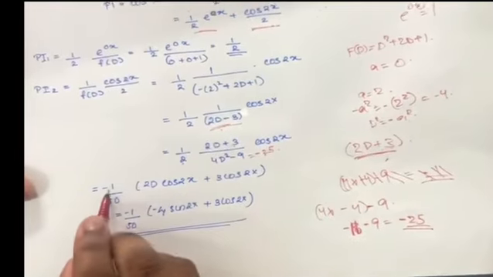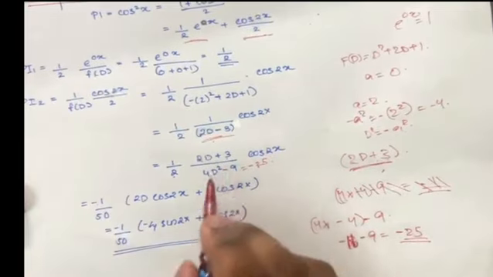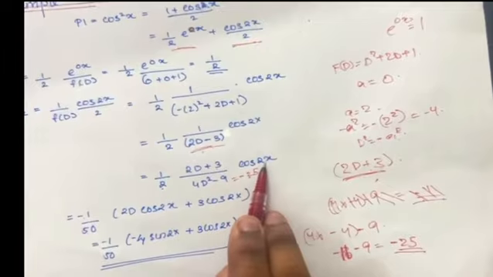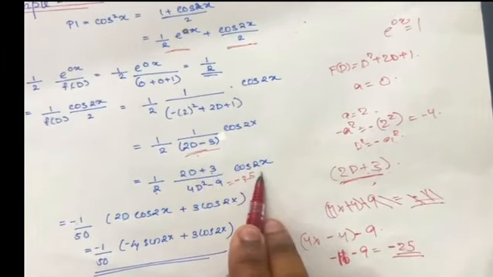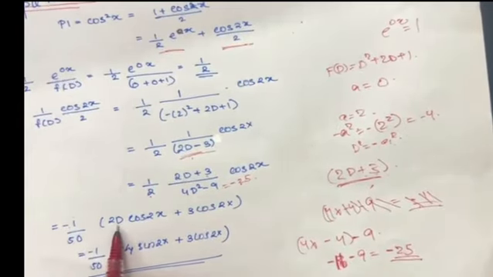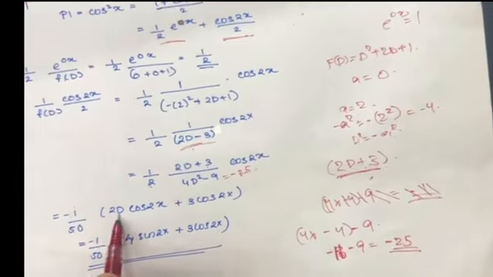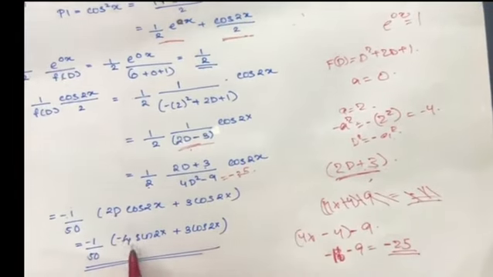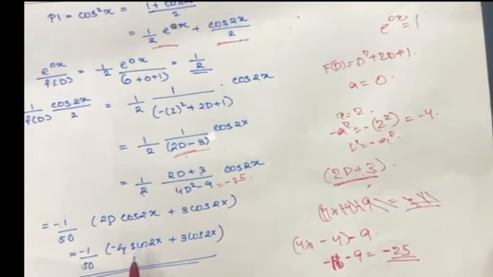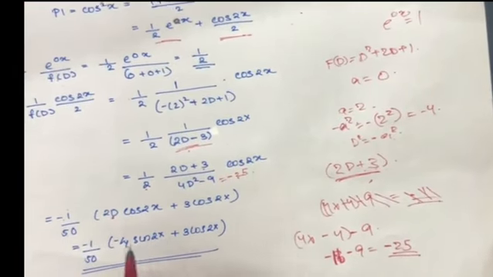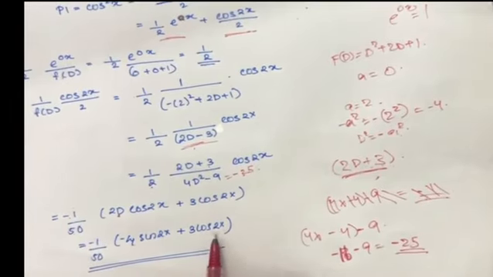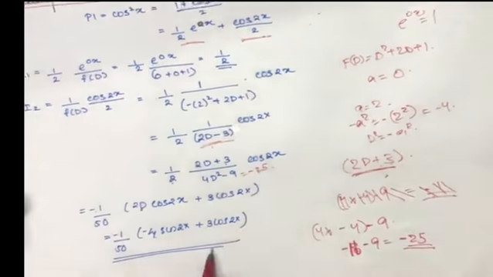Minus 25 into 2 is equal to minus 50, so we have minus 1 by 50, and our numerator is 2D plus 3 into cos 2x. Multiplying 2D plus 3 with cos 2x, we get 2D into cos 2x plus 3 cos 2x. Now using the differentiation operator, we take the derivative of cos 2x, which is minus 2 sin 2x, that is minus 4 sin 2x plus 3 cos 2x, into minus 1 by 50, is our final answer.